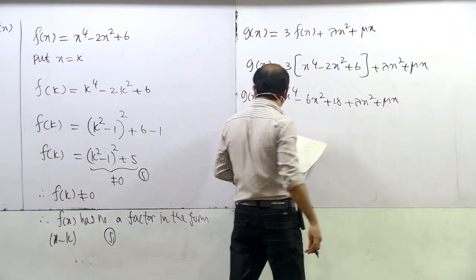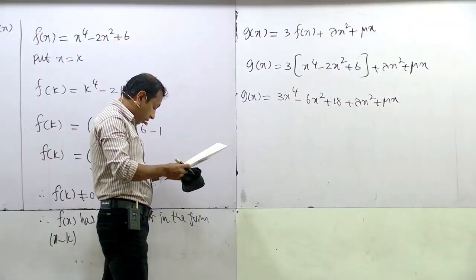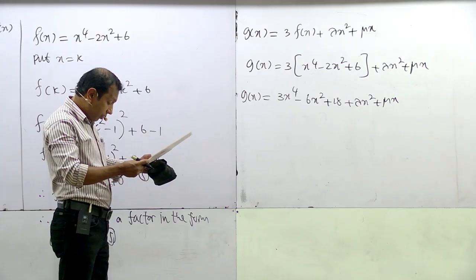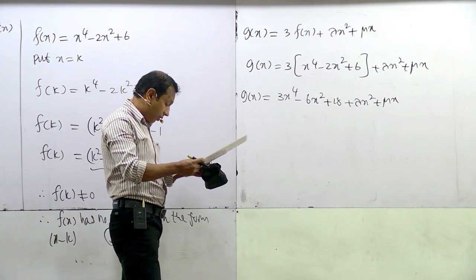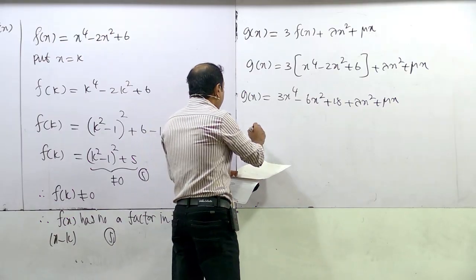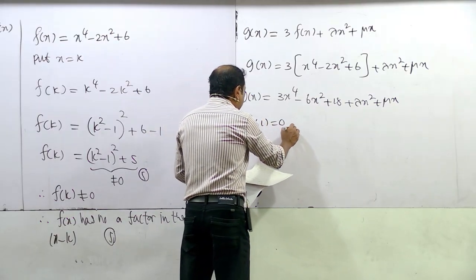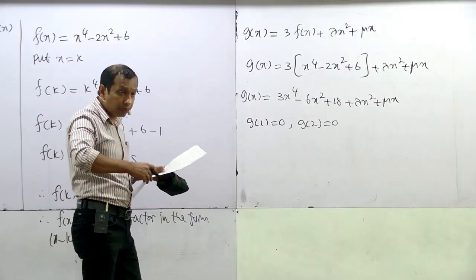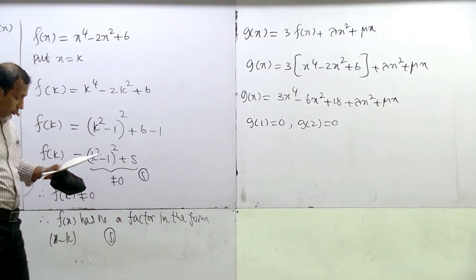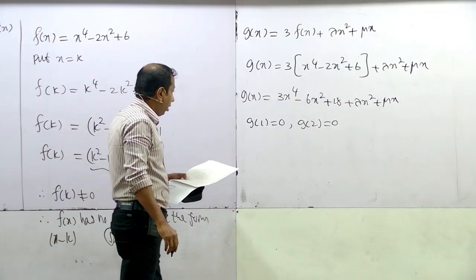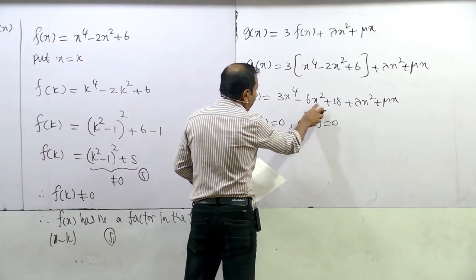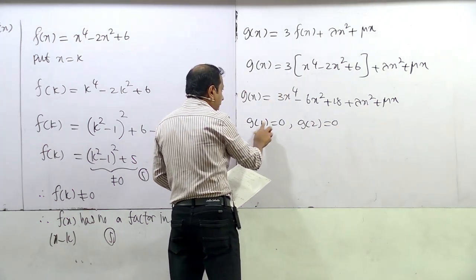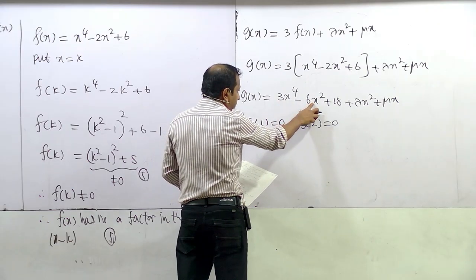Now given that x minus 1 and x minus 2 are factors of g(x), then g(1) should be 0 and g(2) should be 0, according to the factor theorem. g(1) equals 0: substitute x equals 1 and take one equation.